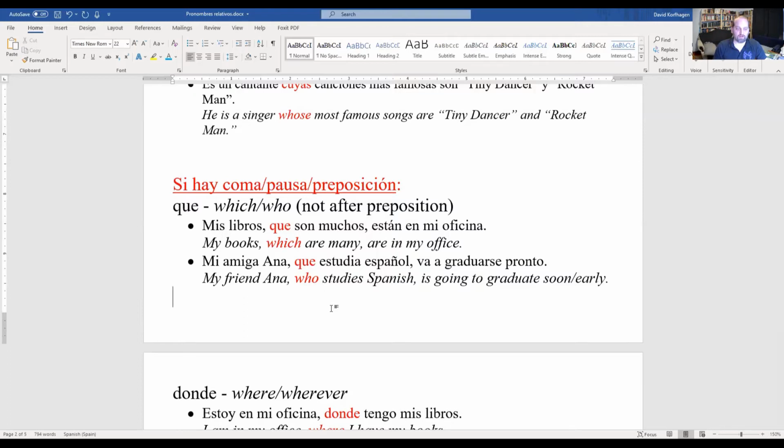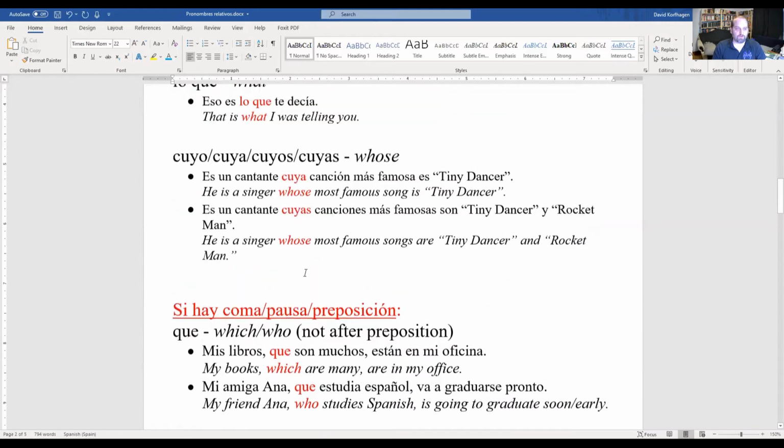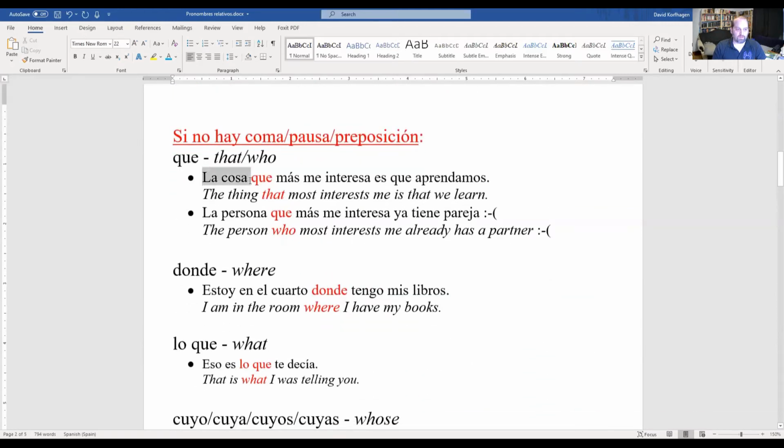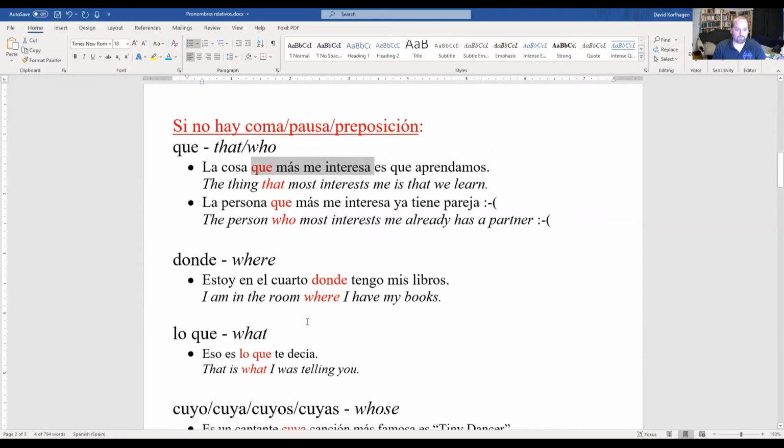I'm just talking about one friend, Ana, who, by the way, studies Spanish. So I set it off between commas when it's written, or with pauses in speech. These are non-restrictive, versus this restrictive one, where of all the things that there are, it's the one that most interests me.